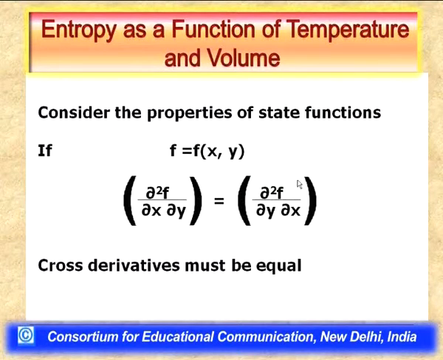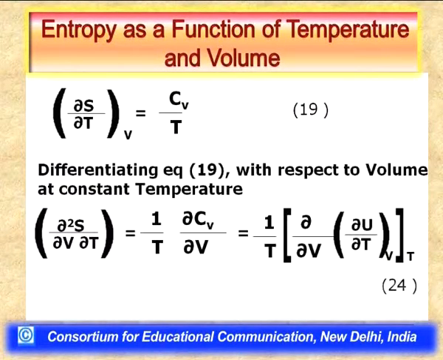We can make use of this Euler's theorem in order to explore our second differential coefficient in the entropy change expression. Just see how we do that. Again, consider the first differential coefficient, delta S by delta T at constant V equals Cv by T. What we need to do is differentiate this equation 19 with respect to volume at constant temperature.